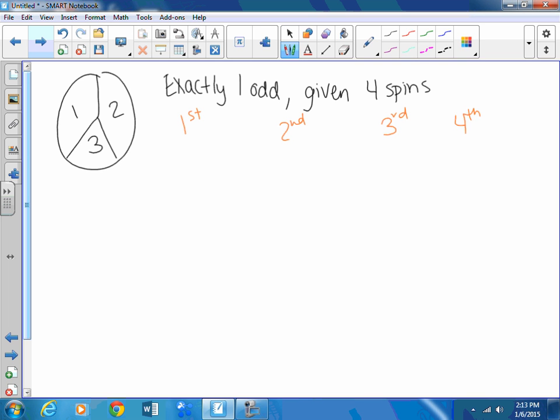I could get lucky and spin my odd the first time. I know the probability of getting an odd the first time is 2/3. But since I already got my odd, the rest of the times I need evens. So for the other spins, I need the probability of getting an even, which is 1/3.